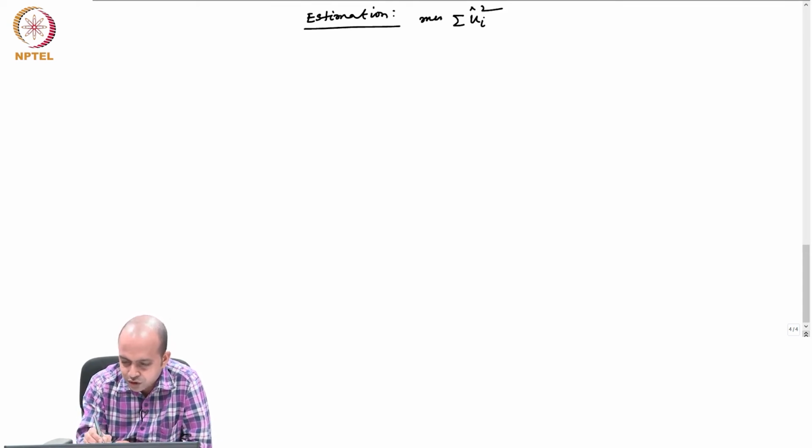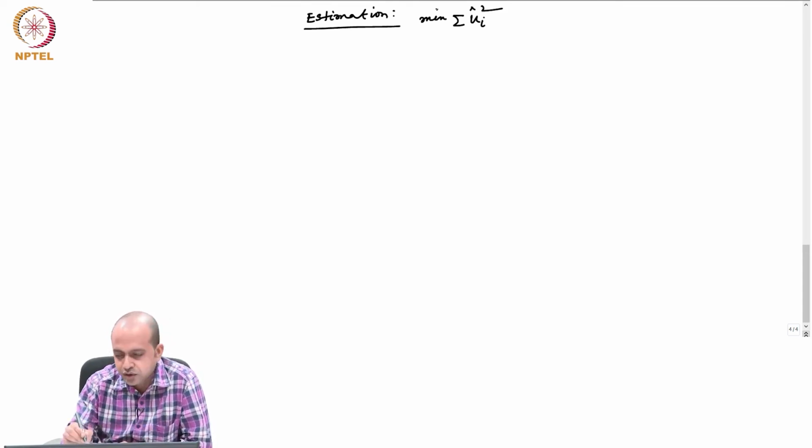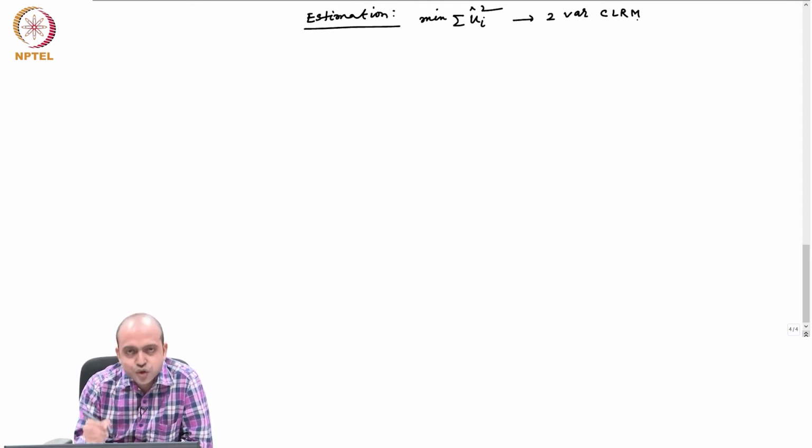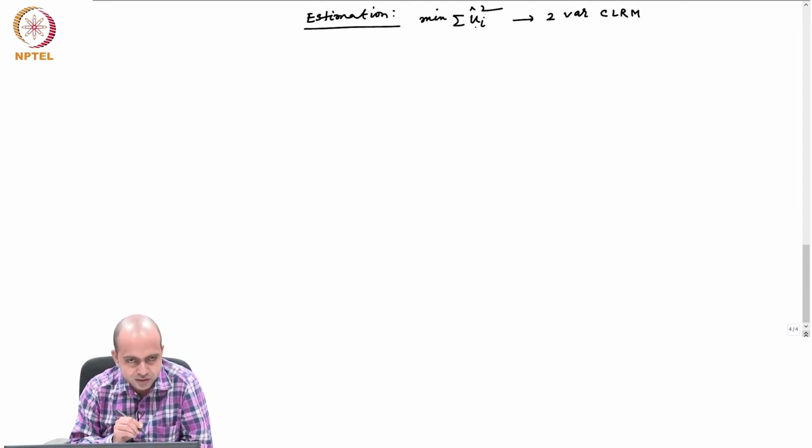This is the case for the two variable CLRM. Now, in this context, when you have a multiple linear regression model, we should have a similar expression like this.